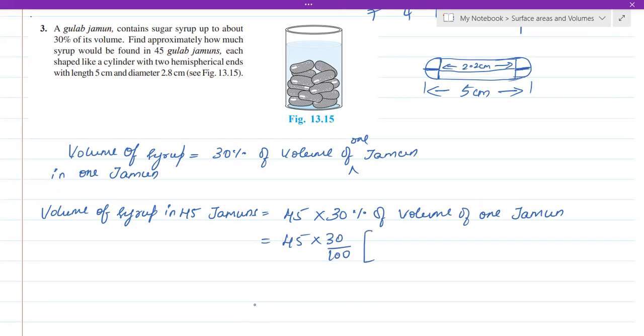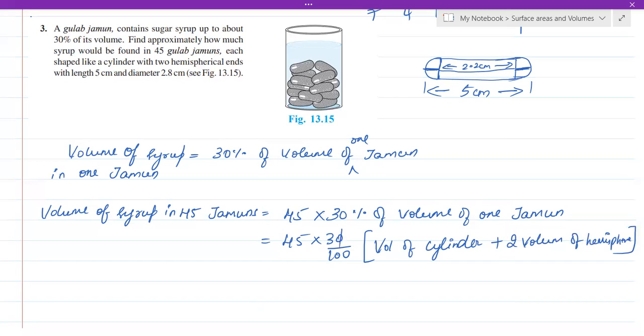Okay. What is the volume of 1 jamun? How do we calculate? Look at the figure. The volume of 1 jamun is actually equal to volume of 1 cylinder and volume of 2 hemispheres, isn't it? So volume of cylinder plus 2 times volume of hemisphere. Okay.